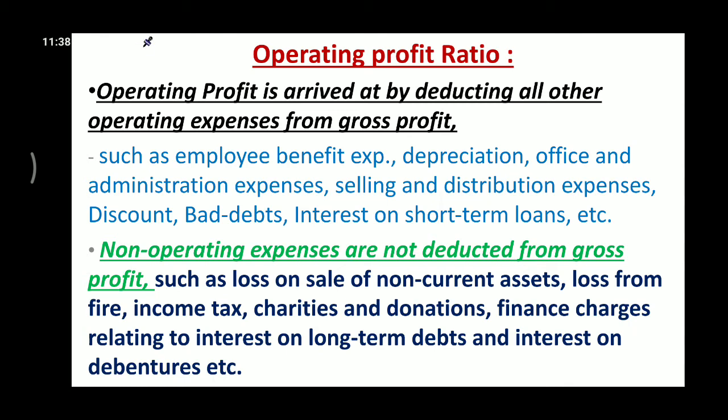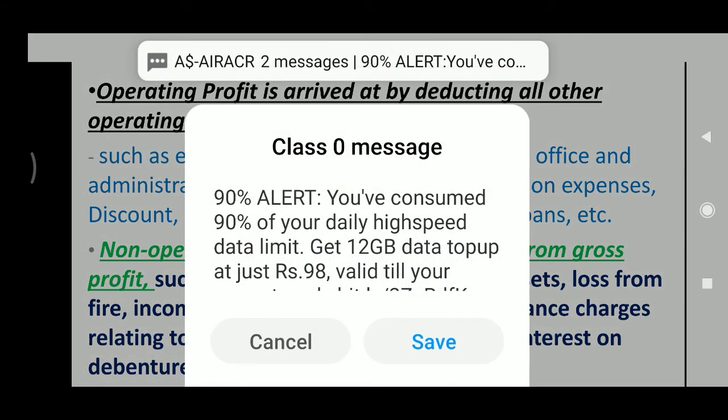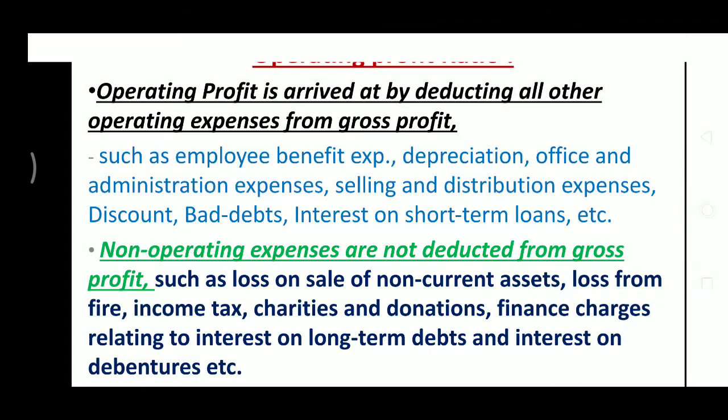You have to keep in mind that interest which is paid on short term loans is considered an operating expense, but interest which is paid on long term debts and debentures is not considered an operating expense. It is part of non-operating expenses.